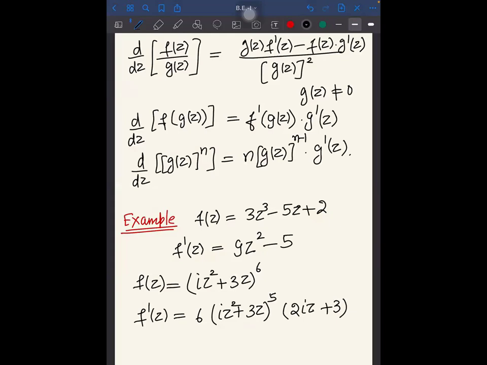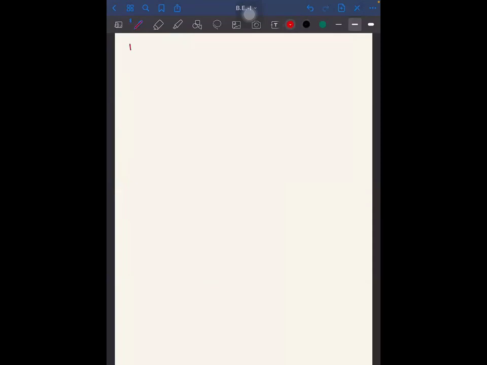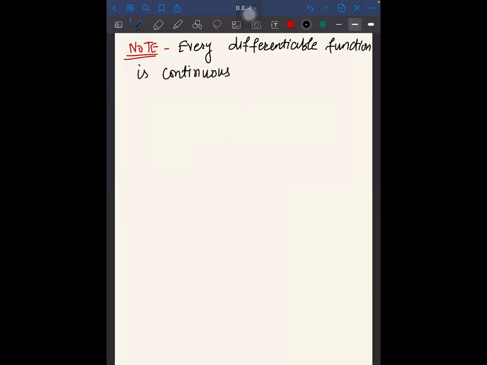As you know, every differentiable function is continuous, but the converse may not hold.